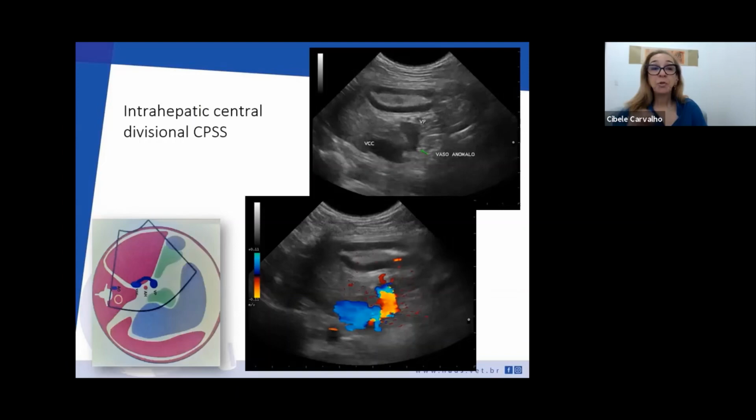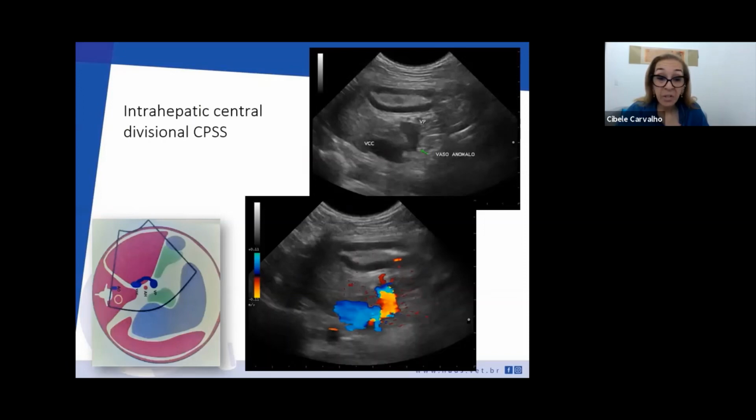To be sure of this, with color mapping, we can observe this connection with turbulent blood flow between the portal vein and caudal vena cava, with the blood entering directly into the caudal vena cava.